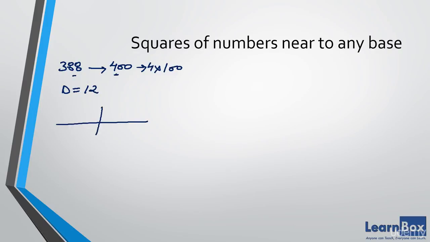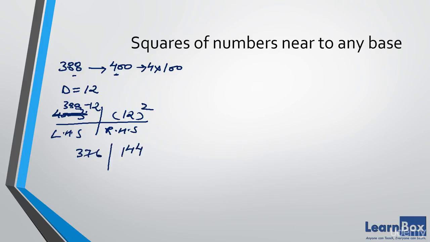So the RHS part would be deficit square or 12 square, and the LHS part would be 388 minus 12. So this is 376 in LHS and 144 in RHS.